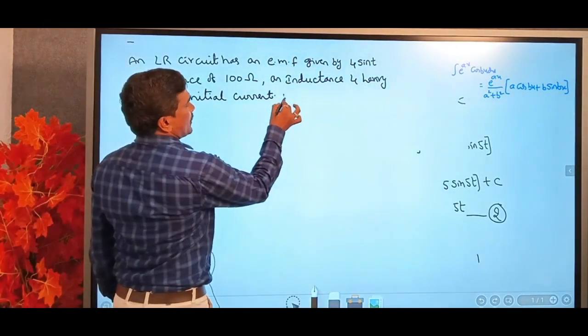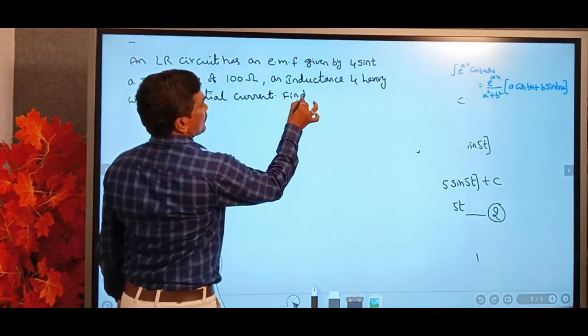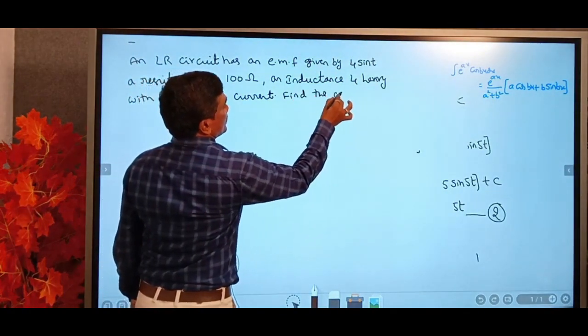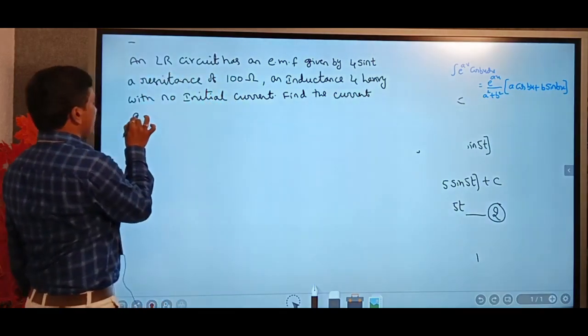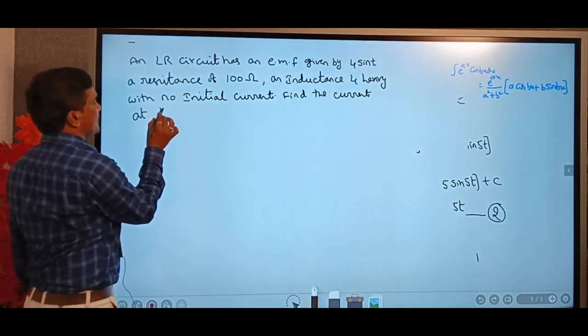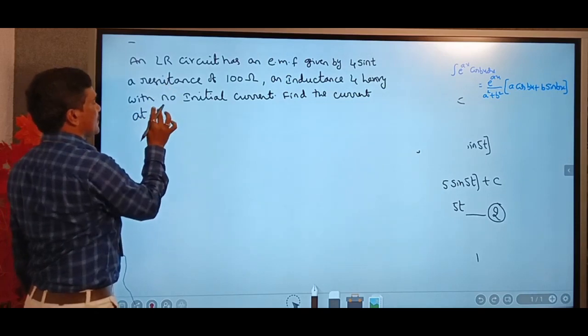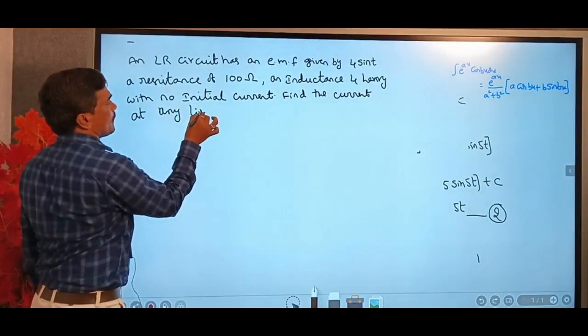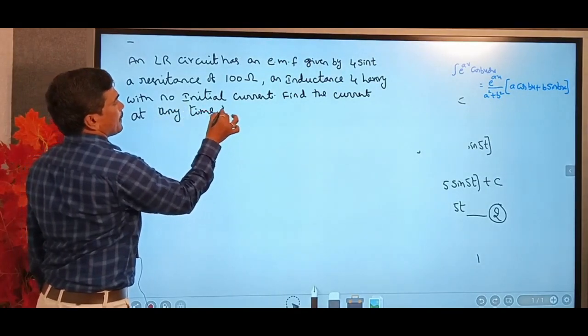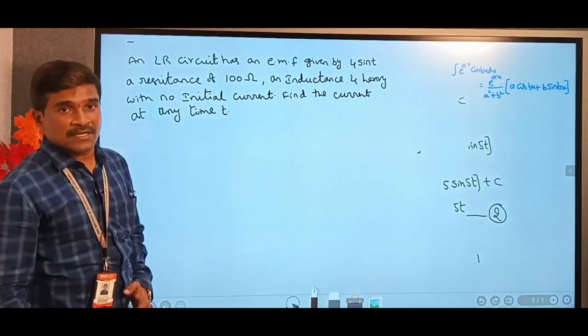Find the current at any time t. This is your assignment.